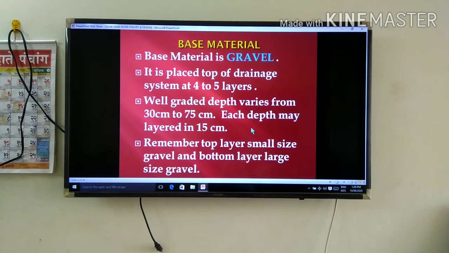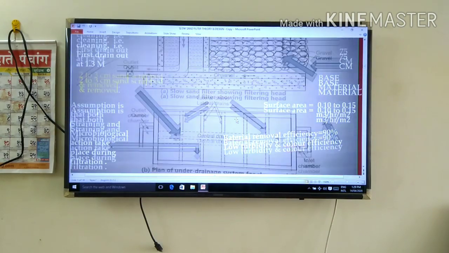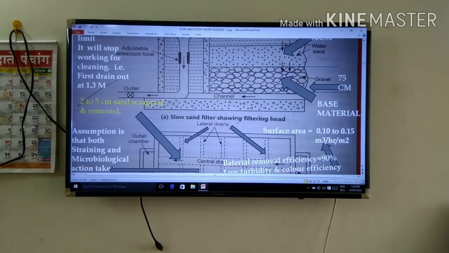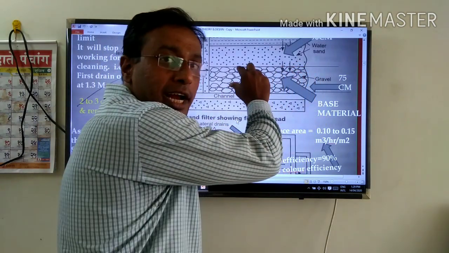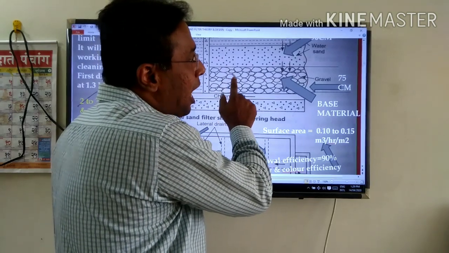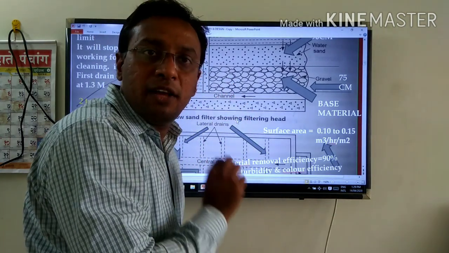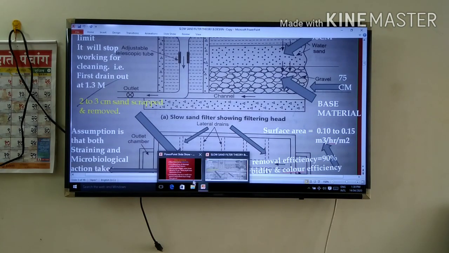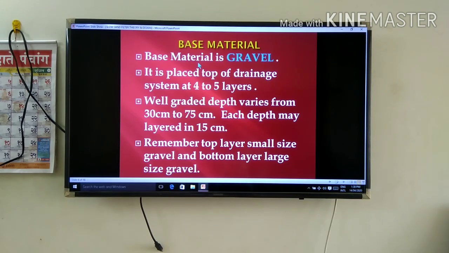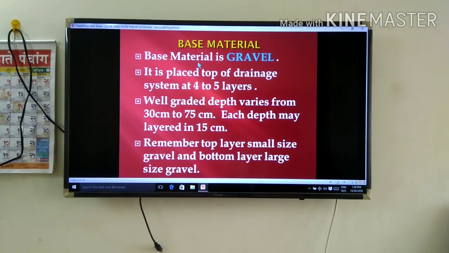Base material. The base material is gravel. See in the figure. See, this portion is provided, that is gravel, having a thickness of 75 centimeter. It is placed on top of the drainage system in 4 to 5 layers.